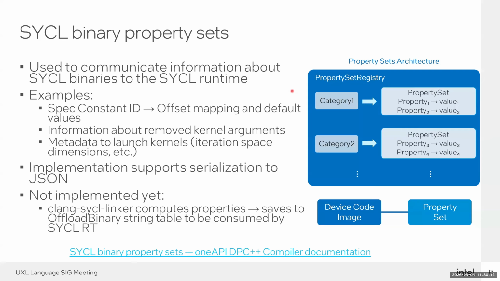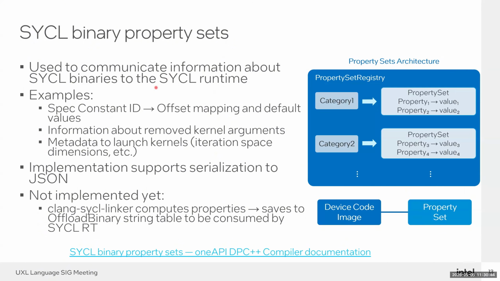But you want them to be treated as constants during compile time, which allows more optimizations. For its support, we need to communicate to the runtime offsets for complicated specialization constants, which can be structures or other more complex data types.